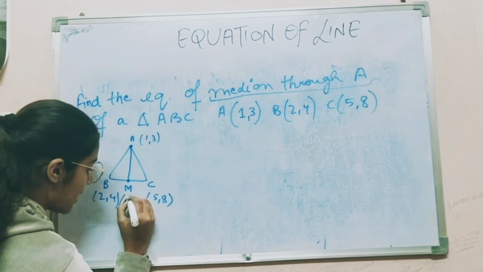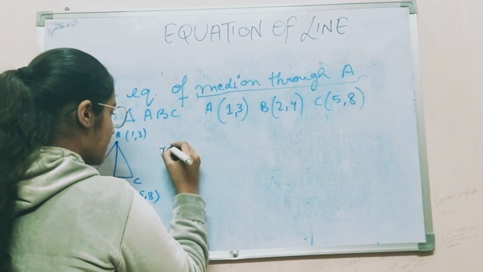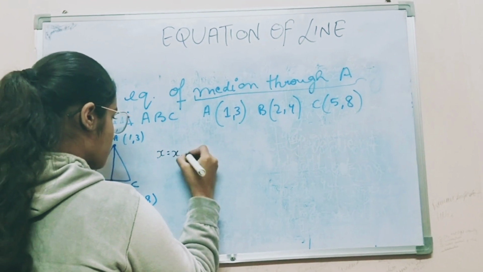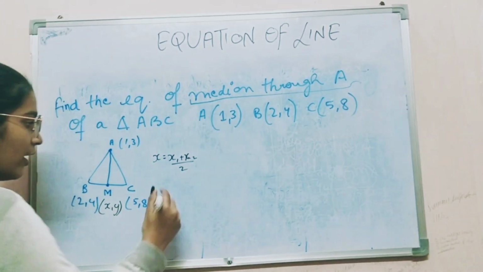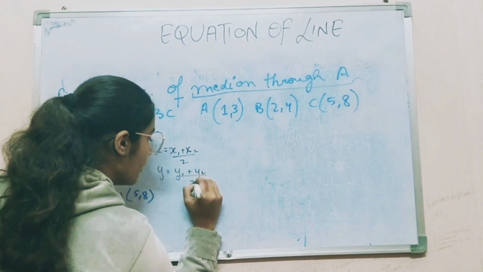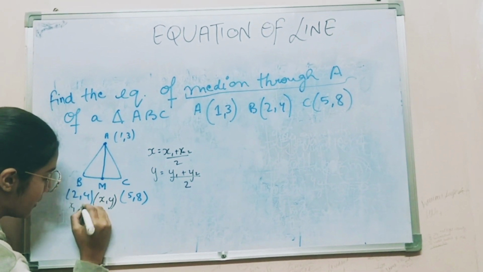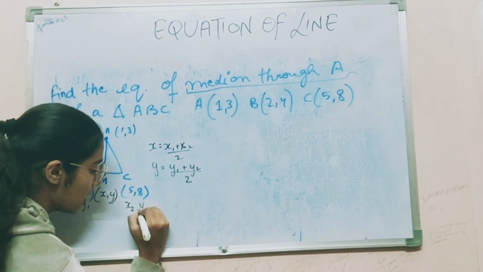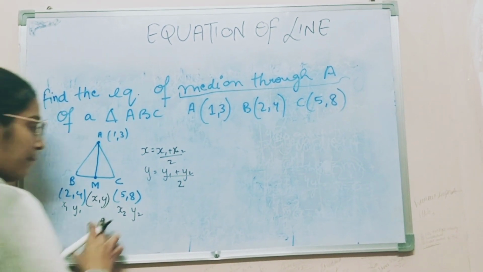Let's take this M as x, y. So x equals x1 plus x2 divided by 2, and y equals y1 plus y2 divided by 2. Here let me tell you, this is our x1, this is our y1, this is our x2, this is our y2. Now we simply have to substitute the values and we will be getting the value of M.